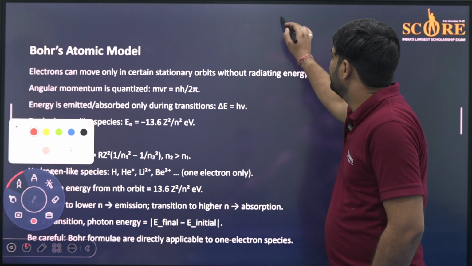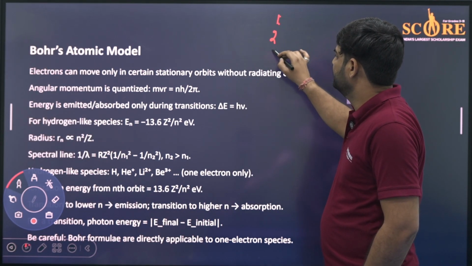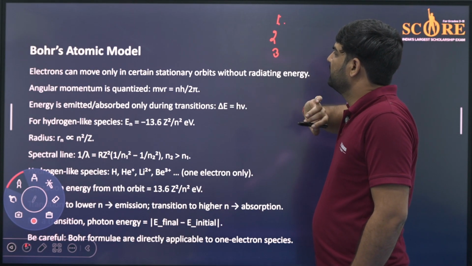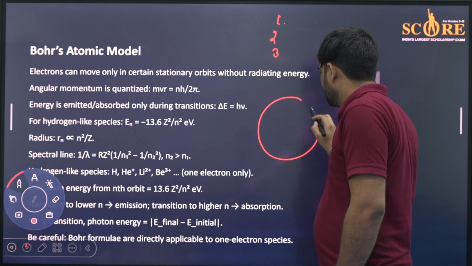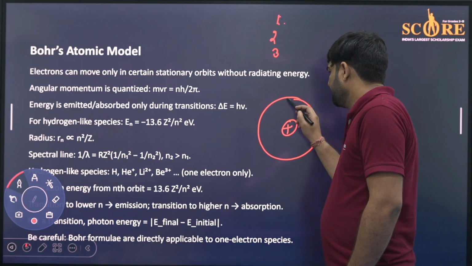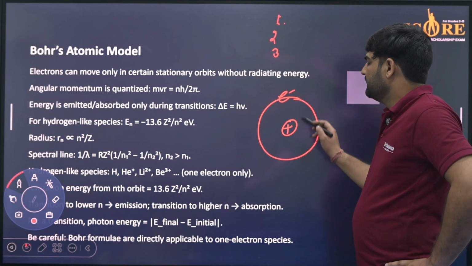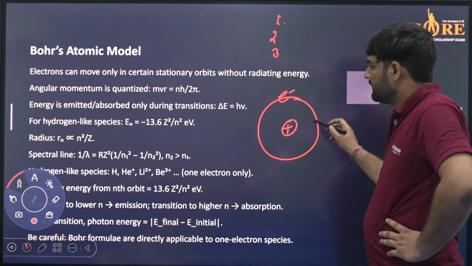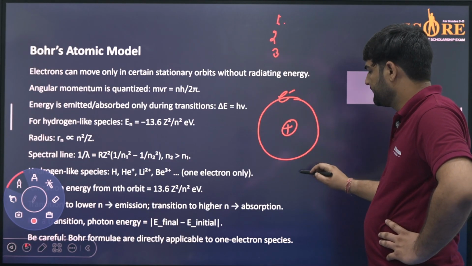Bohr told 3 points. He told that an electron is revolving in a circular path.